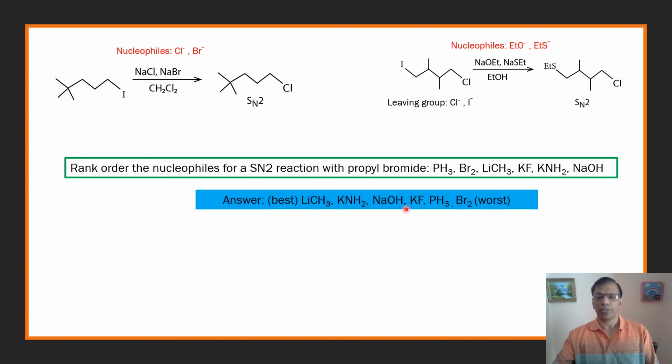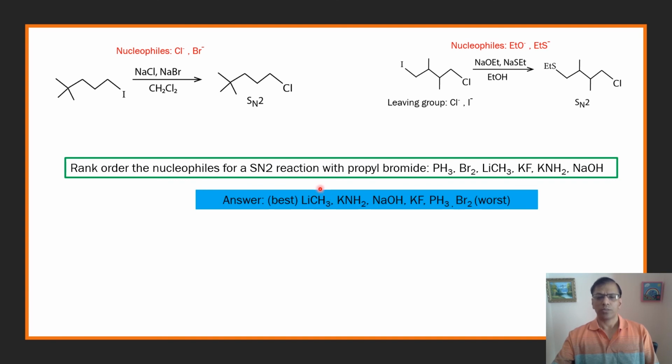In case of fluoride, OH, NH2 and CH3, if you look at the periodic table, you are moving from the right to the left, and as you move from right to left, the nucleophilicity increases.